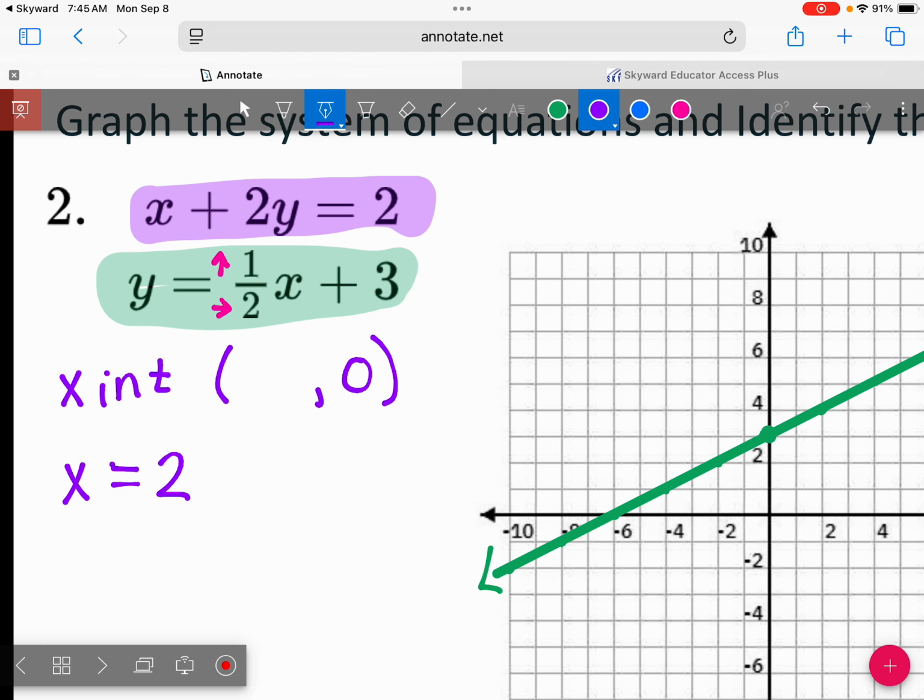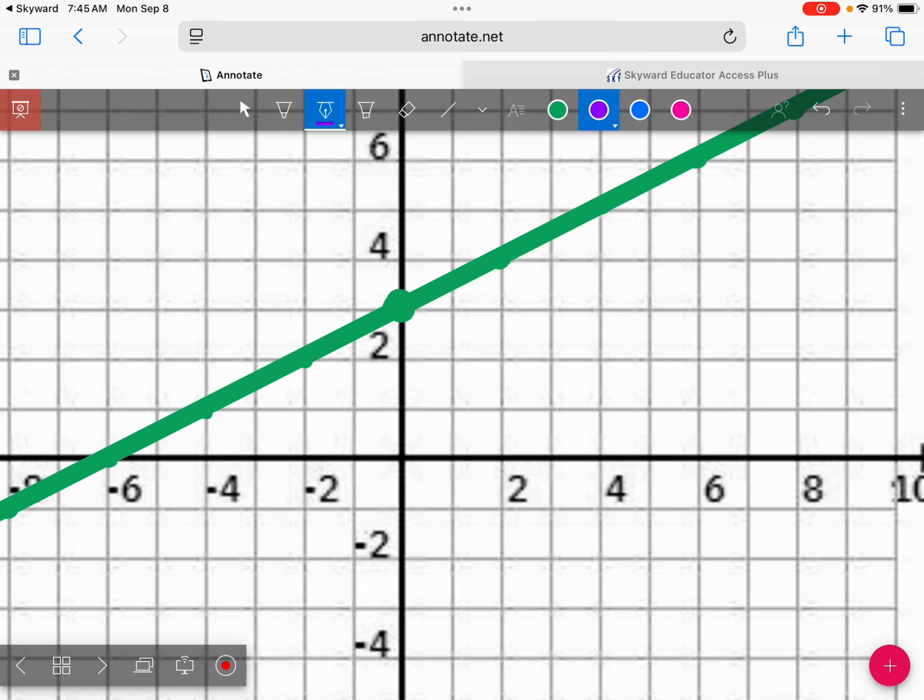Or that's just x equals 2. Because if I know my y is 0, I know 2 times 0 is 0. So my x-intercept happens at 2, 0. So that one I didn't even have to do very much math.